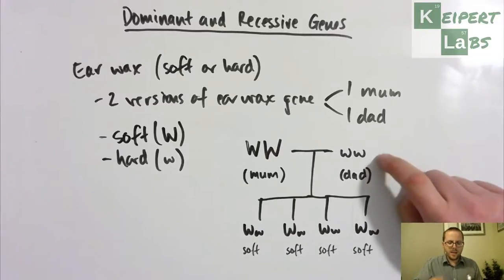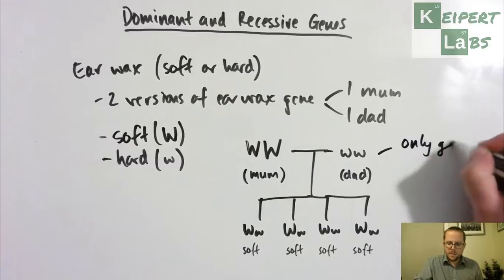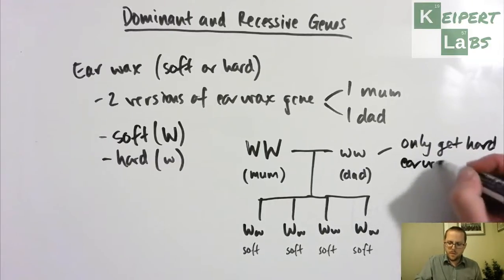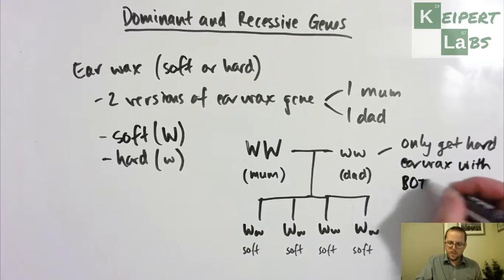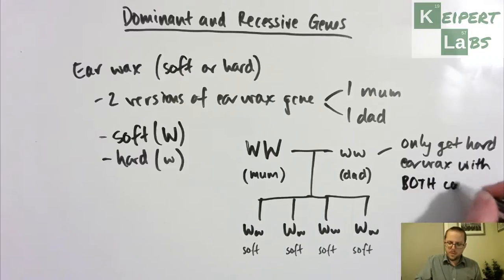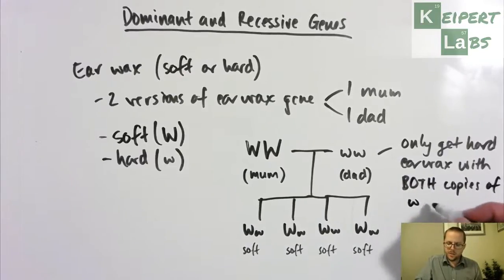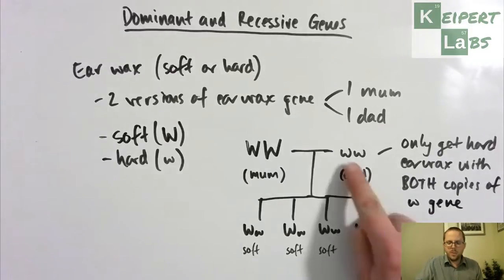It has to do with the fact that in this case, we only get hard earwax with both copies of the hard earwax gene. It's only when we've got two little w's that we get hard earwax.